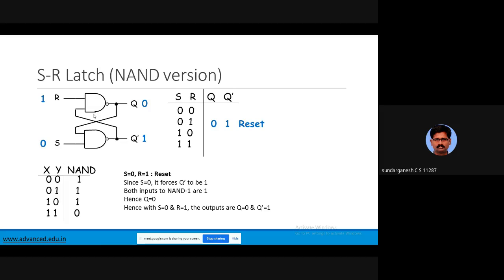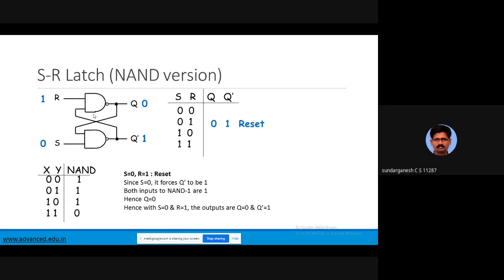One input is like this, another input is like this. Here it is S, here it is Q and Q bar. So I am giving input 0 and 0. Before I give the input 0 and 0, there is an input of 0 and 1. So what will happen? I'm taking this input as the first input.